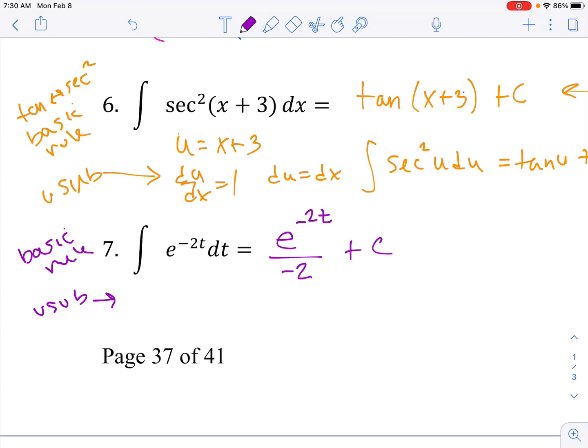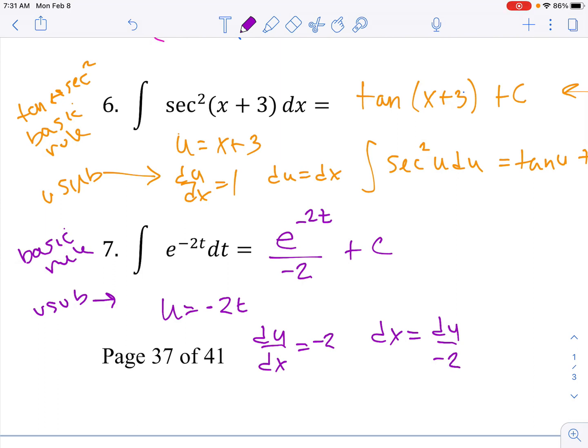Okay, so let's show what that looks like with a u sub. With a u sub, we'd say let u equal negative 2t. It's important to bring that negative sign with you to get the substitution to look as clean as possible. So with negative 2t, du dt is negative 2, and dt is equal to du divided by negative 2.